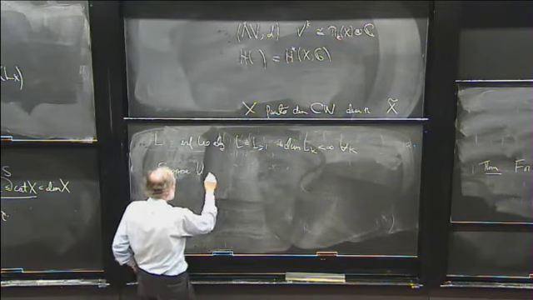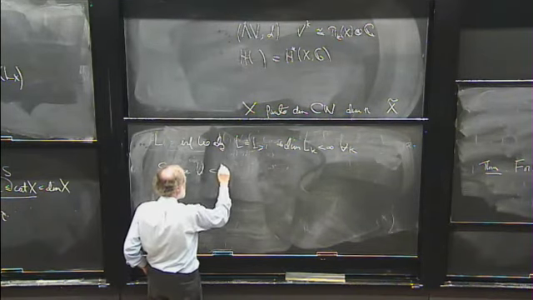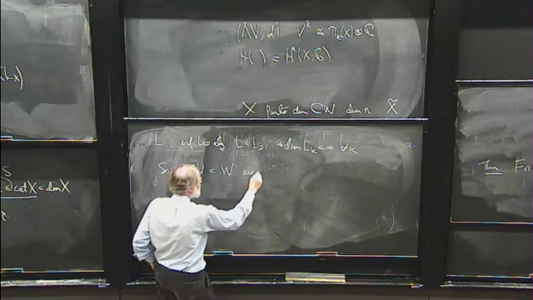U contained in W are graded vector spaces.